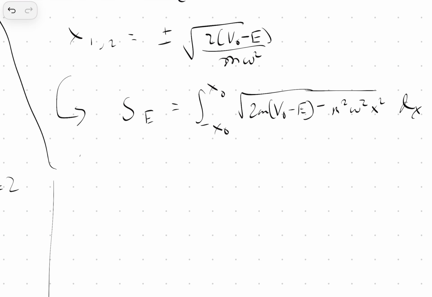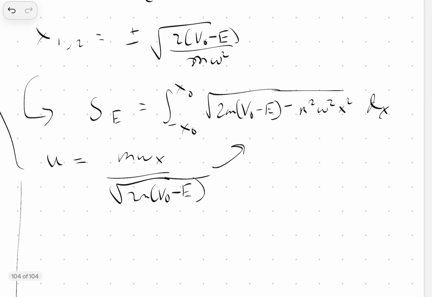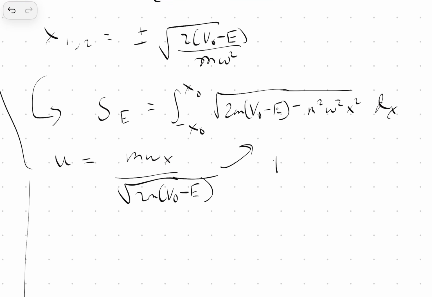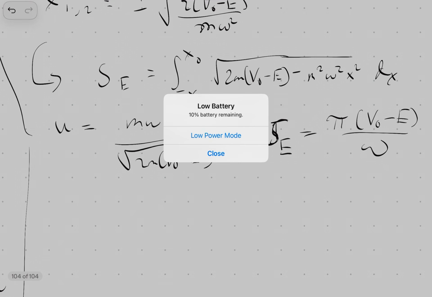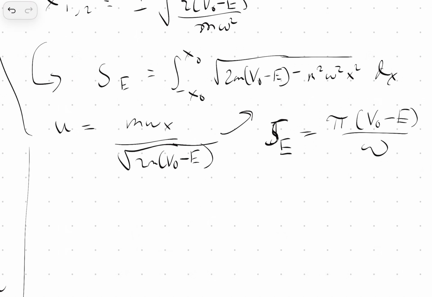And if you take the variable u to be m omega x over the square root of 2m(V naught minus E), you can recognize that that is the area of a semicircle, and obtain that the value of that integral is pi (V naught minus E) over omega.